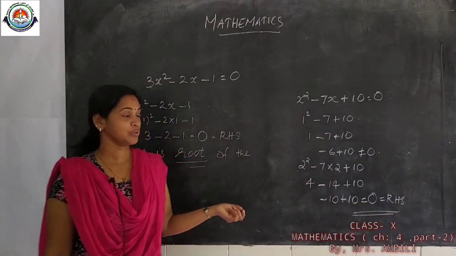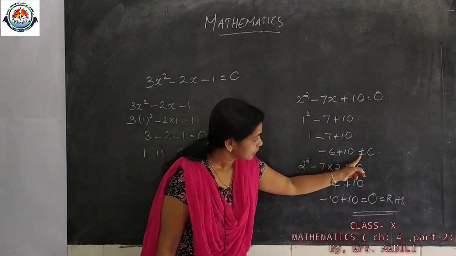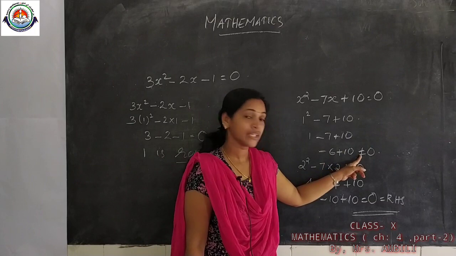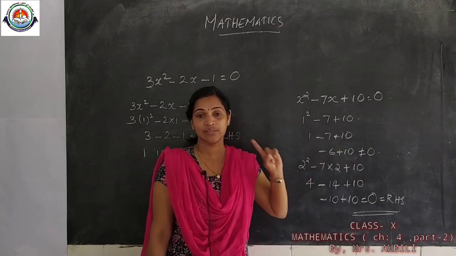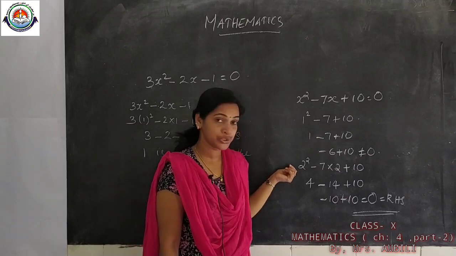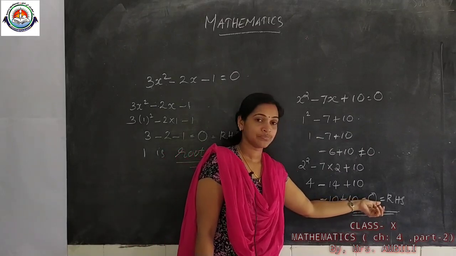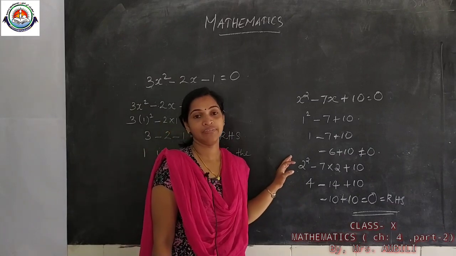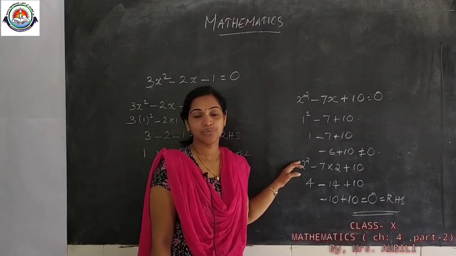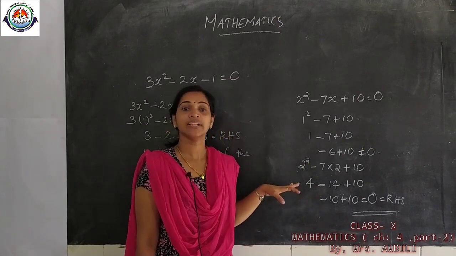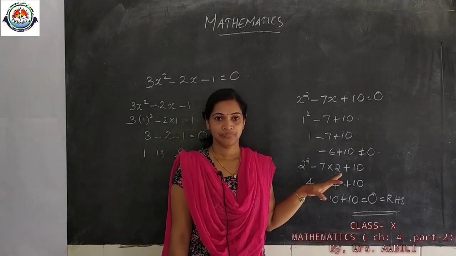So, when we substituted x by 1, it is not equal to 0, so it is not a solution. But when we substituted 2, we got 0. So, we can say that 2 is the solution, or 2 is the root of the given equation.